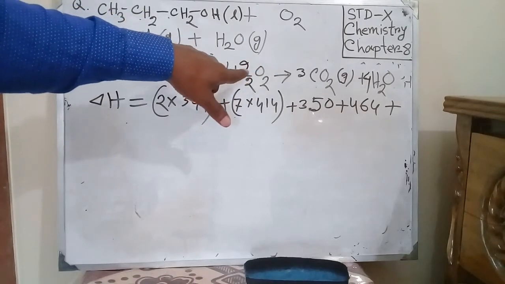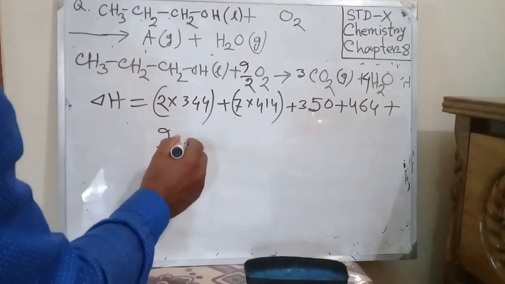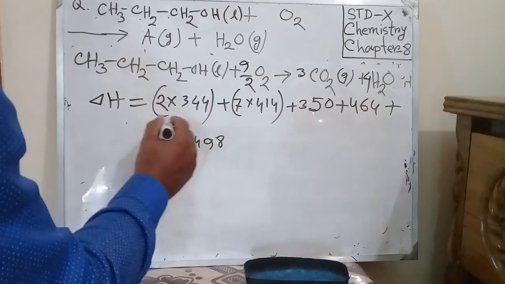This is 498. So 9 divided by 2 into 498.